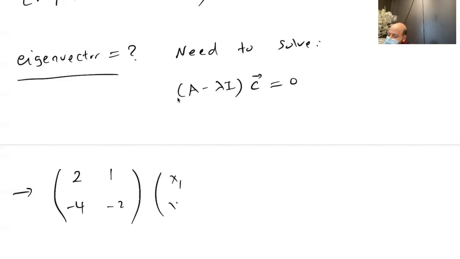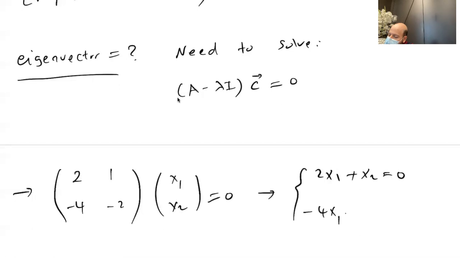Let's say x1, x2 equals 0. So that gives me 2x1 plus x2 equals 0, and minus 4x1 minus 2x2 equals 0.